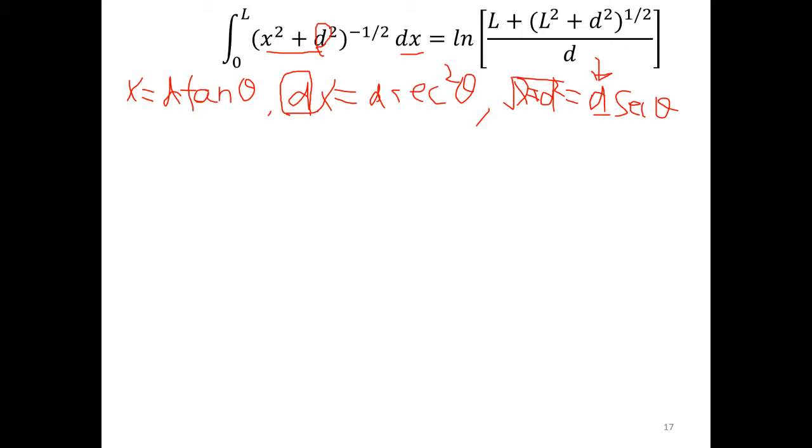Okay, you can draw a right-angle triangle.